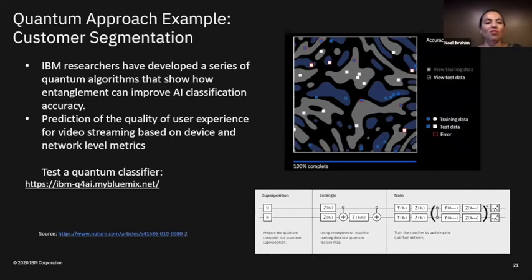So here's an example of customer segmentation. This shows you a little bit about the types of decision boundaries that are detectable in feature space with quantum algorithms.